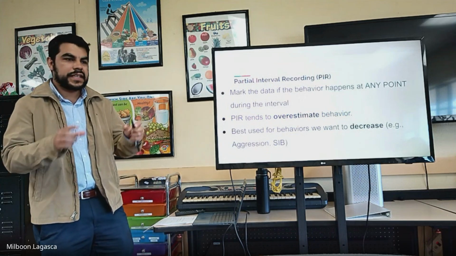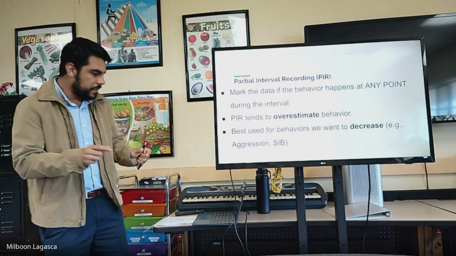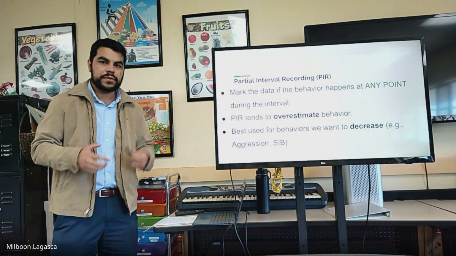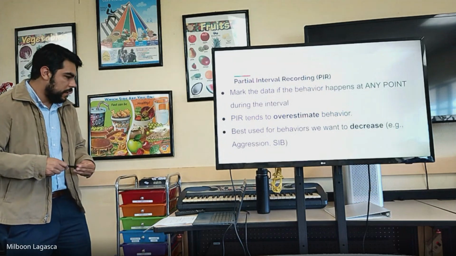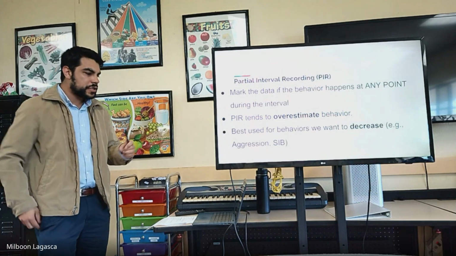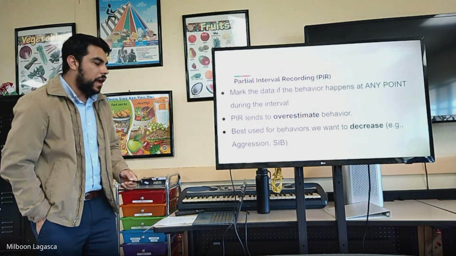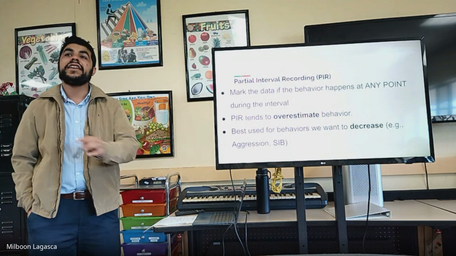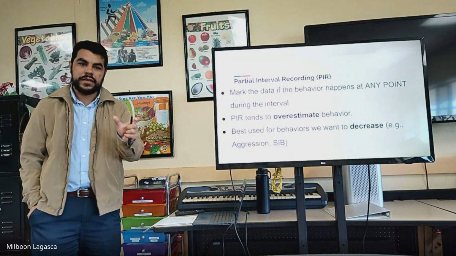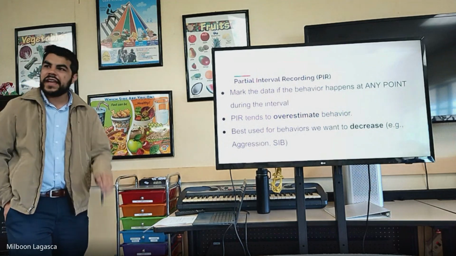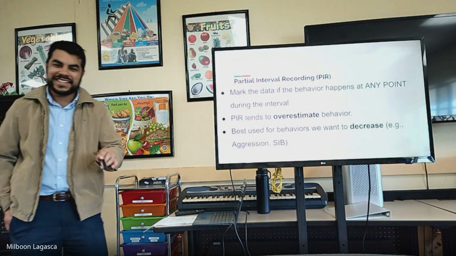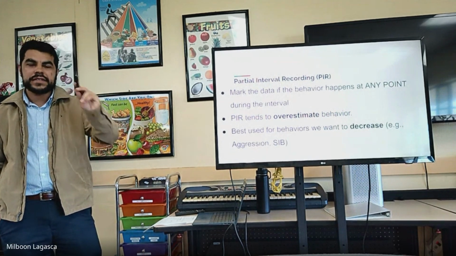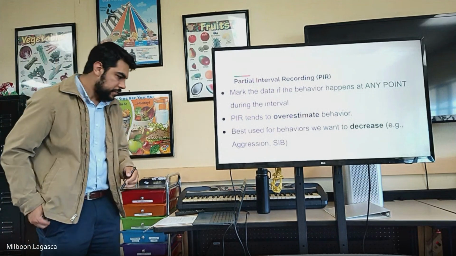Okay, so now we're going to look at the individual procedures themselves. And just like with frequency and duration and rate, we're going to practice them. With partial interval recording, all we're doing is indicating whether or not the behavior occurred at all within the interval. Even if it happened for just 1 second, if it happens within the interval, then we would mark it as occurred.